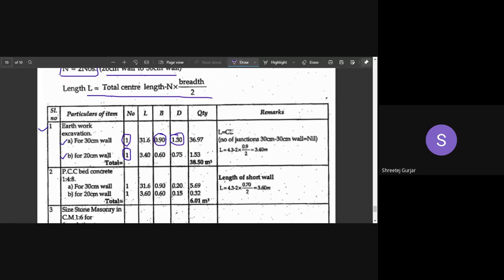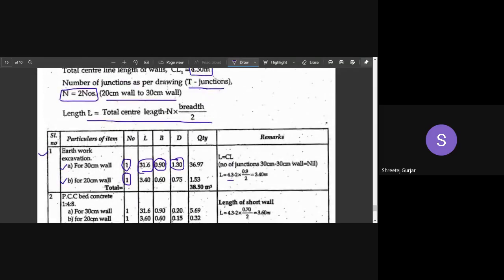So this is for your centerline for your 30 centimeter wall, right? Since there are no junctions in the 30 centimeter wall, this n part is 0, and if this is 0, what will be the length?